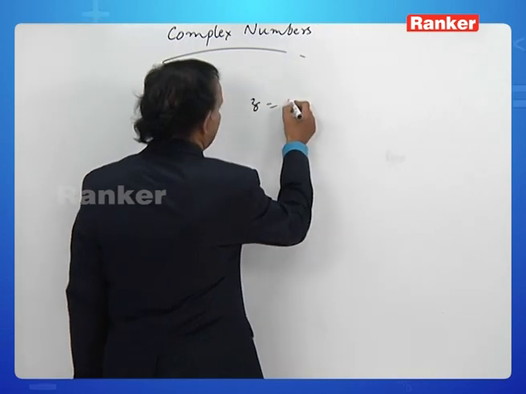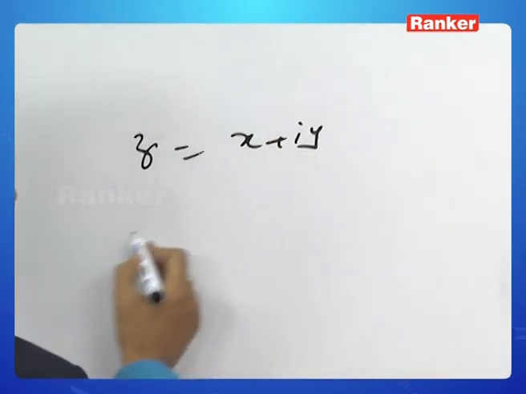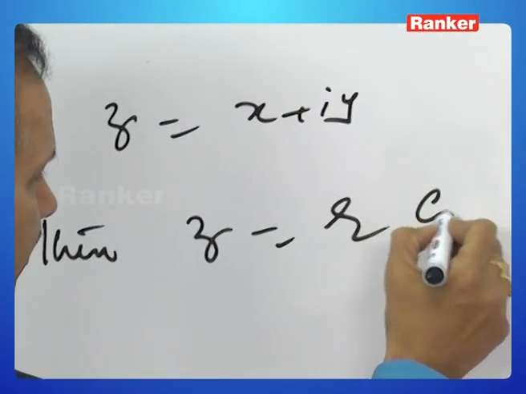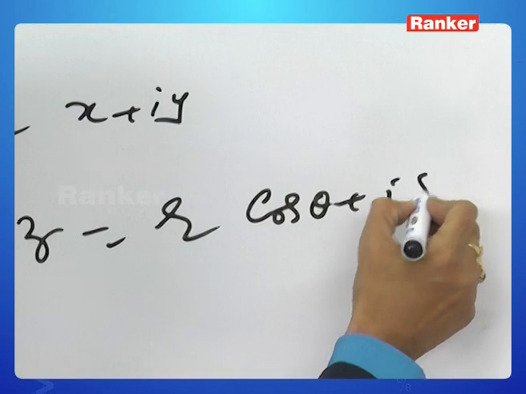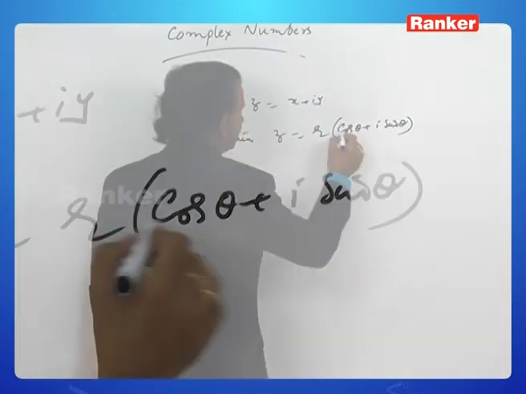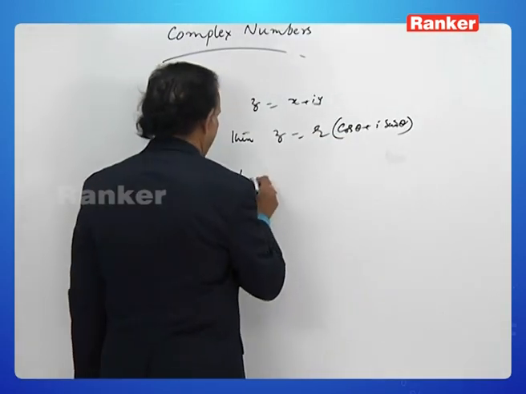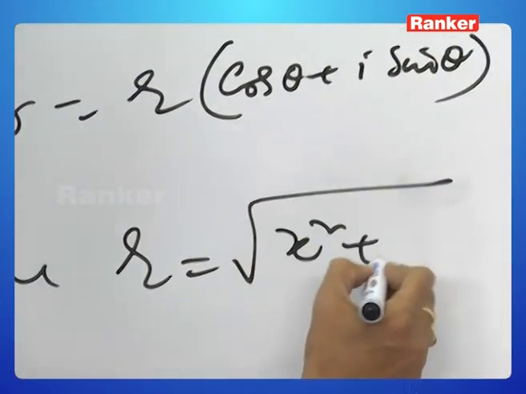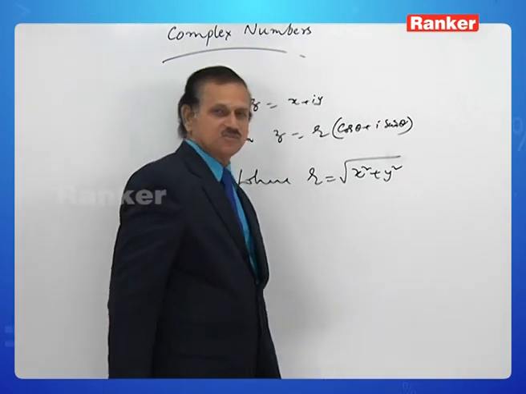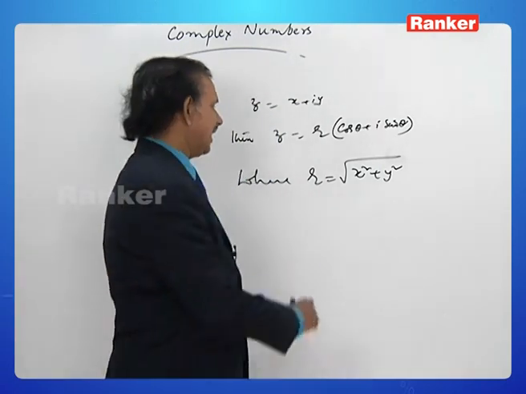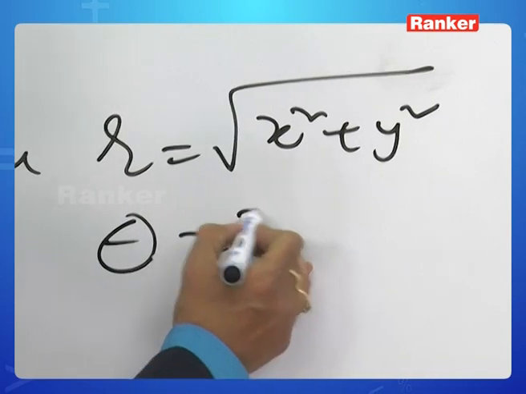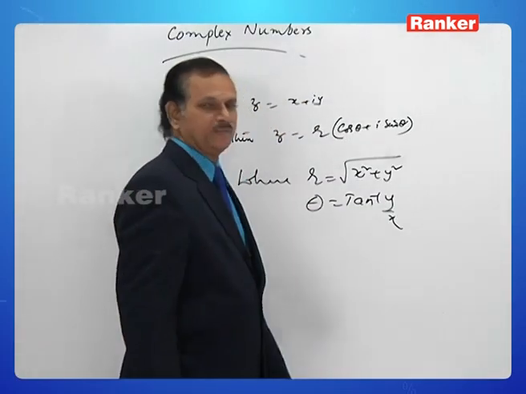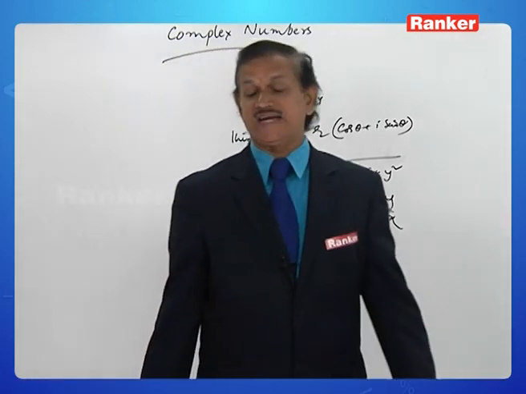If z is equal to x plus iy is a complex number, then z is equal to r into cos theta plus i sin theta, where r is equal to root of x square plus y square, no doubt the positive square root, and theta is equal to tan inverse of y by x. Of course, this value depends on the quadrant in which z lies.